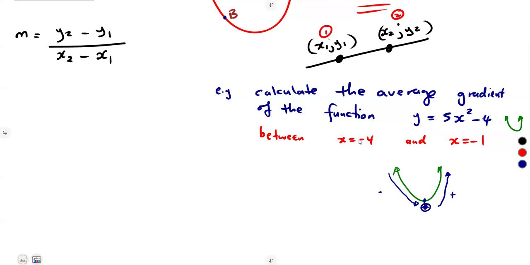So you'll be having your x values like this one, -4 up to -1, in between. Then you're going to say, okay, is this graph increasing or not? If it is increasing, then we are going to notice that it is going up.